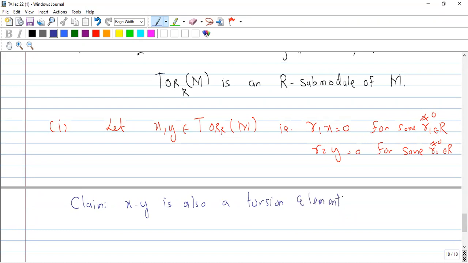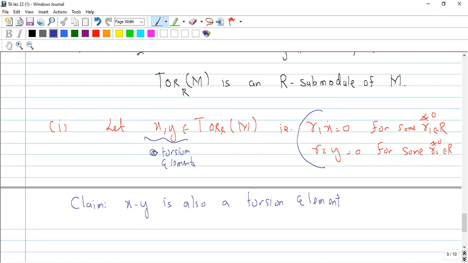For this purpose, we need to construct an element of R such that the product of that element with x minus y should be equal to 0. हमें ये show करना है that if x and y are Torsion elements, then their difference is also a Torsion element.